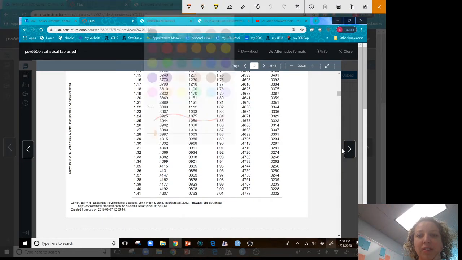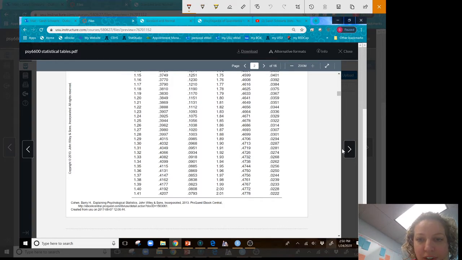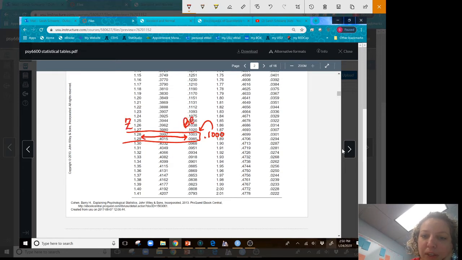So we are trying to find 0.1000, and it is in the beyond z. It's in between these two numbers. So then we know our z number. This column was z. This is our beyond z.